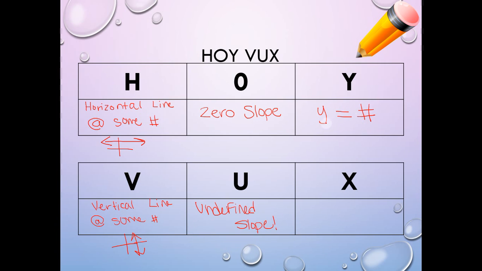Now, since this one had y equals a number, this one's x equals a number. So this helps you remember which one. If I have a horizontal line, you're going to have a y equals. If you have a vertical line, you're going to have an x equals. This is going to help you figure out what you have and how to write those equations, especially if I would somehow give you a graph.